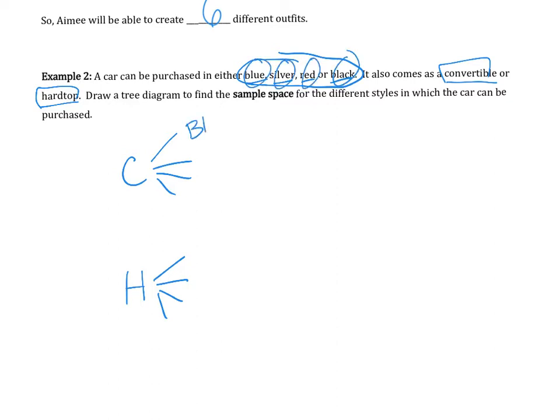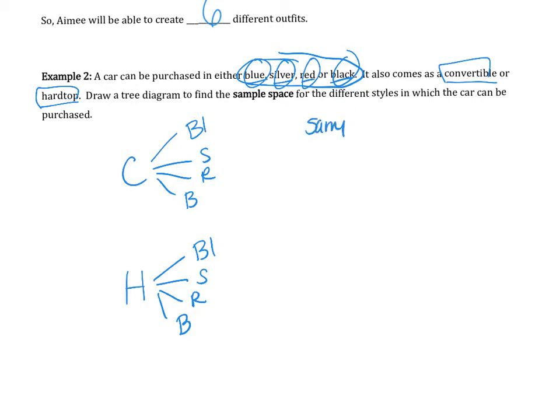I'll use BL for blue, S for silver, R for red, and then B for black. As long as you know what your letters stand for, that's fine. Just don't use something like Q for silver. Okay, so that's our tree diagram.